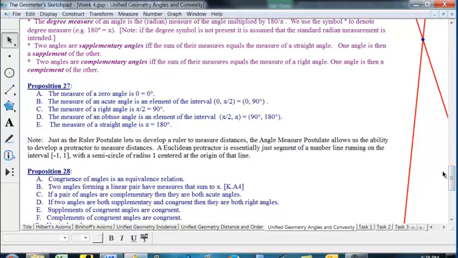Just as the ruler postulate let us develop the ruler to measure distances, the angle measure postulate allows us a curved ruler, which is essentially a protractor. A Euclidean protractor is just a segment of a number line running on the interval -1 to 1, along a semicircle of radius 1 centered at the origin of that line.